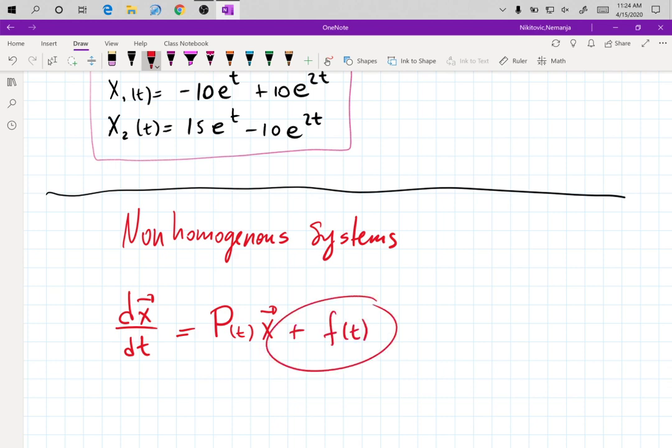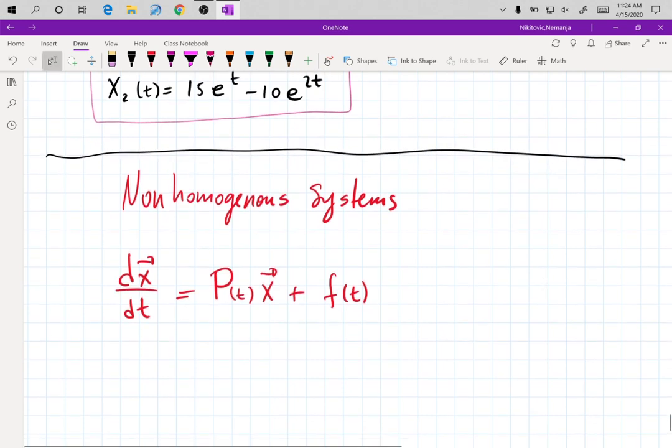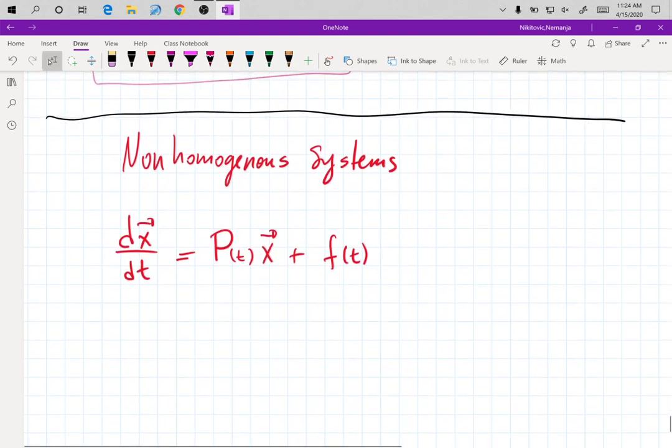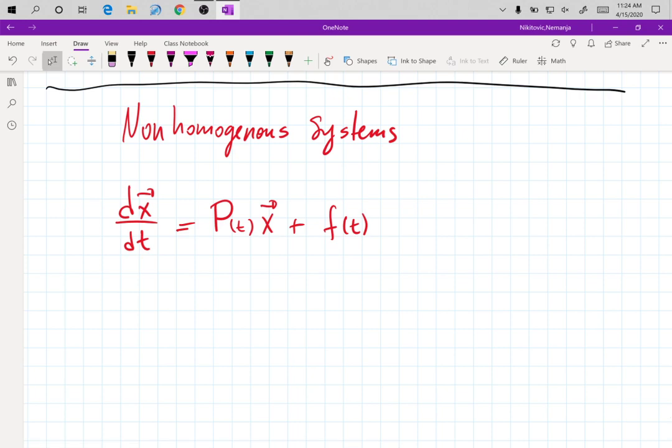So this term did not exist in the case above. And the solution will be given as x of t is equal to xc of t plus xp of t, all of these being those column vectors of solutions.